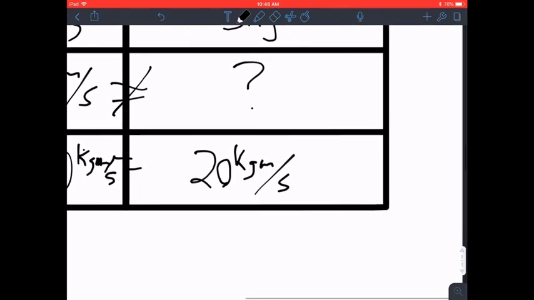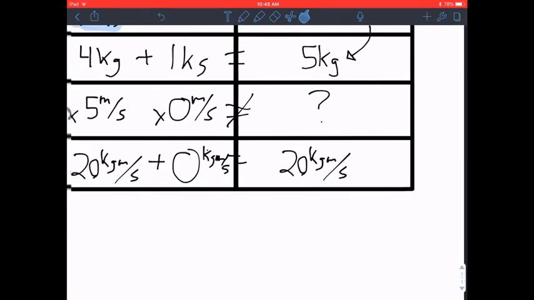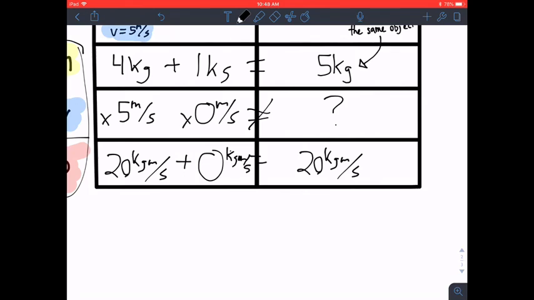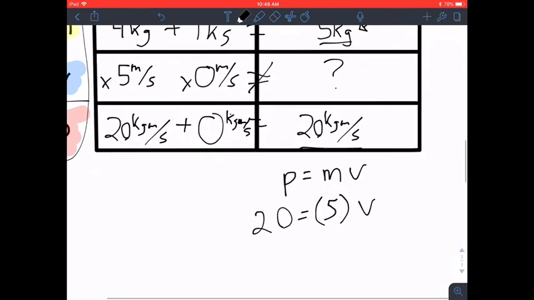So if I go over here, I can use that equation. I'm just going to write it like this. Momentum equals mass times velocity. Well, I know the mass is 5, so I can plug that in. And I know the momentum is 20, so I can plug that in. And now I just can solve for the velocity.